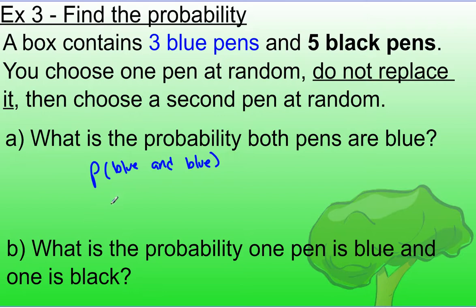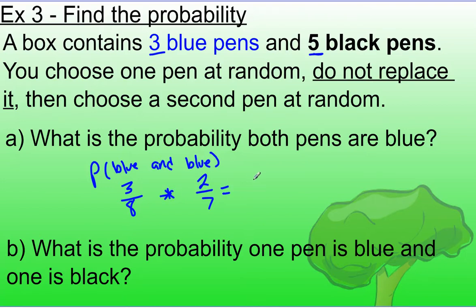Okay, so the chance of getting the first blue is 3 out of 8. 3 blue, 8 total, because there's 3 and 5. Now, the chance of getting the second blue: I've taken one of these blues out and I have not replaced it, which means now there's only 2 blues left in the box, and 7 total.